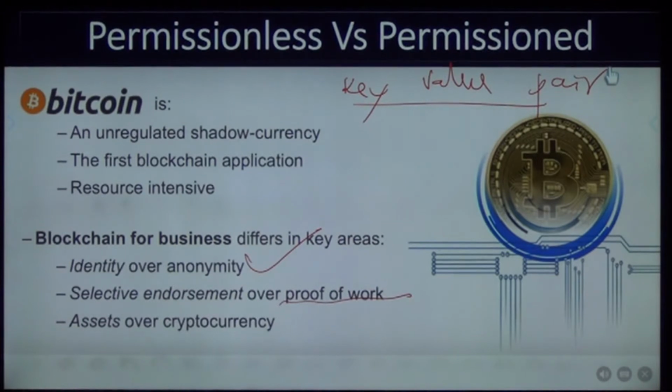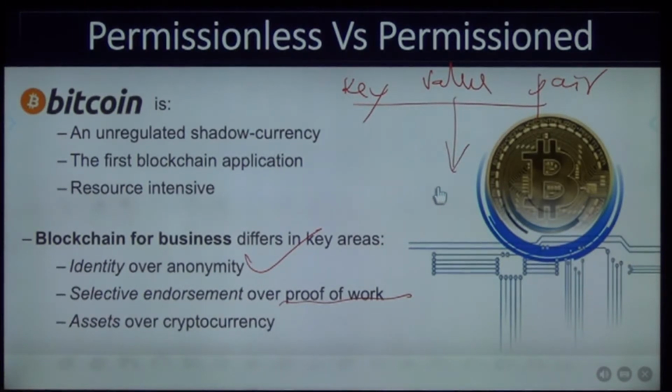In permissionless blockchain there is cryptocurrency, the currency that is actually being transacted. So transactions happen on cryptocurrencies there, whereas here transactions happen on assets: a car changing owner, a car changing color, a car having an accident. Okay, so there is an asset, and on the asset the transactions are happening, changing the state or value of the asset.